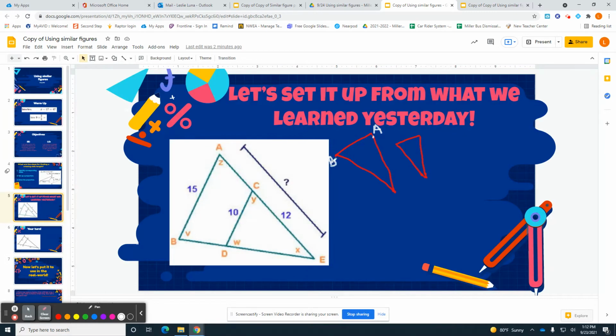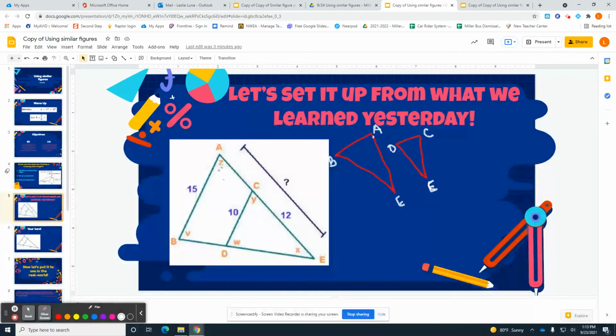A, B, and E. Then my smaller one, I'm going to do C, D, and E again. Okay, I'm just overthinking it, guys.